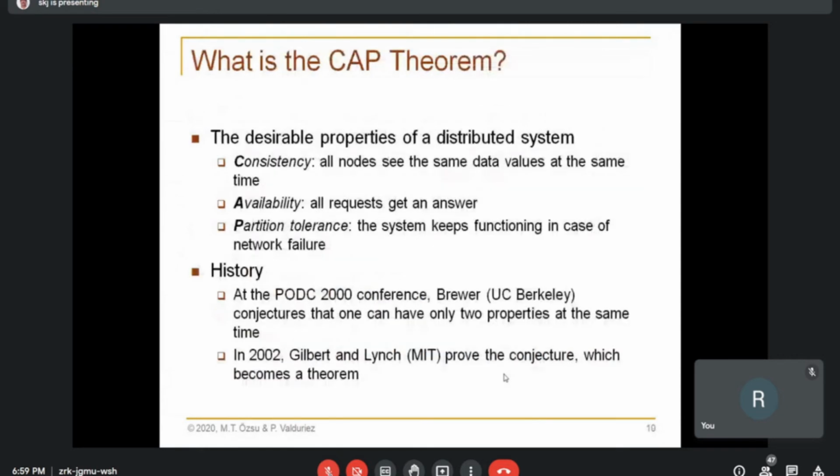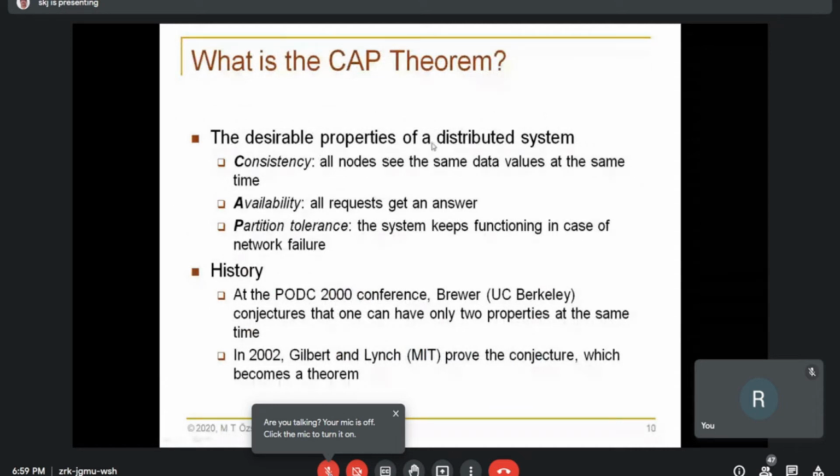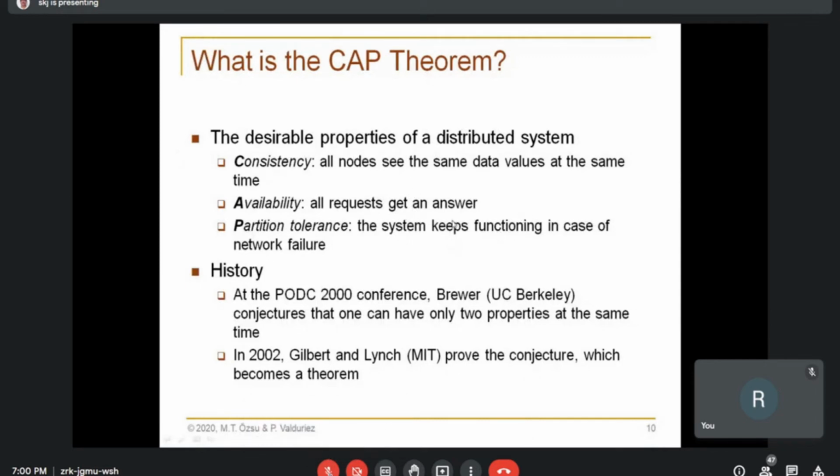So what is the CAP theorem? The desirable properties of a distributed system are consistency, availability, and partition tolerance. They should be present. Consistency says all nodes see the same data values at the same time. If I change my address here, it should be reflected on some other node also.